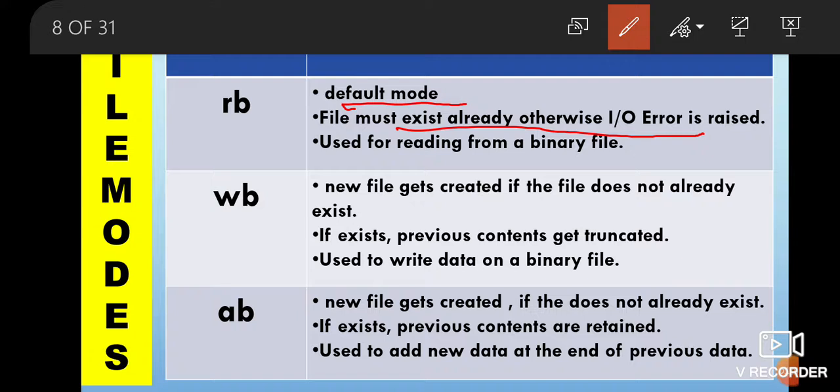Next mode is WB mode, where W stands for writing and B stands for binary. So this mode is particularly used for writing data on a binary file. Now what all is there in this mode? First thing, if the file is not existing, then a new file by this name, means the name which you have mentioned before the file mode in the open function, will get automatically created, and it will be opened as a fresh file.